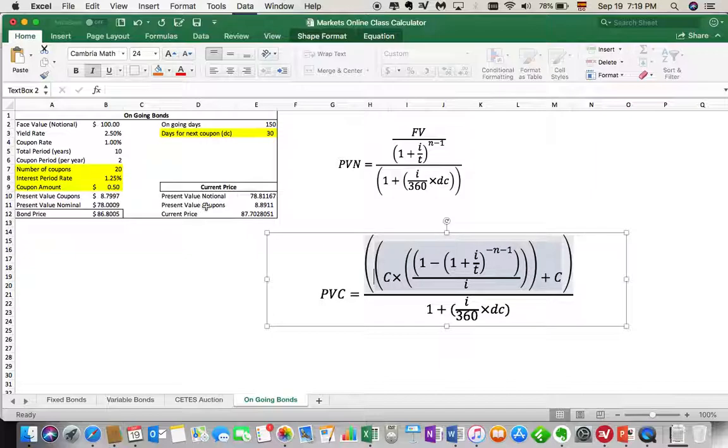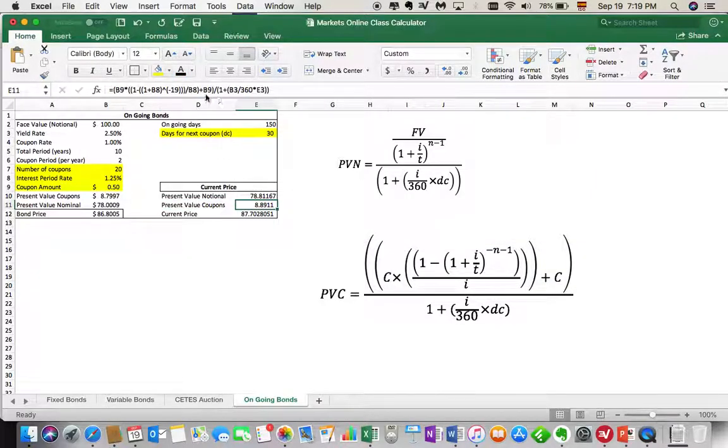So we're missing one, and this is why here I add an extra coupon. Now, final step, I just take this amount back 30 days: 1 plus interest rate over 360 times days of coupon. That is this part. And for the current price, I'm just going to add these two.